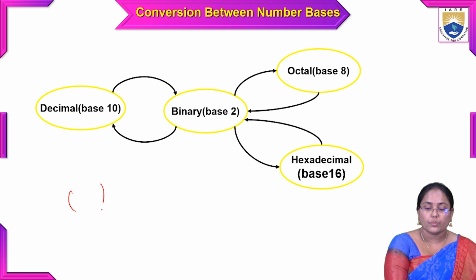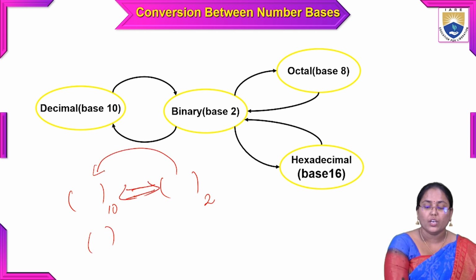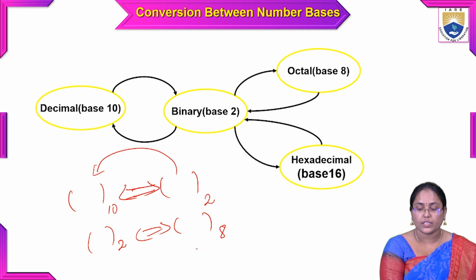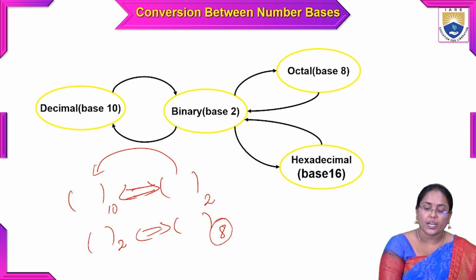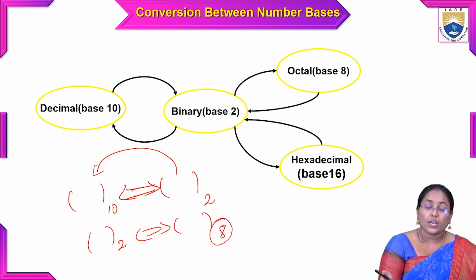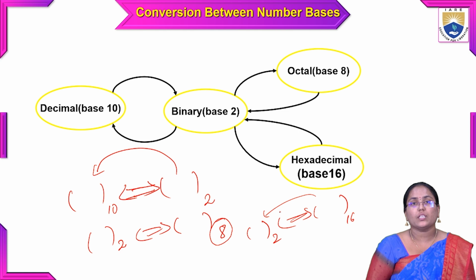That is how the base 10 system can be represented in base 2 and vice versa, and base 2 to base 8. Whenever I say base 8, it is an octal system, and we have to represent it with a suffix, like we put over there. Then again how to change from binary to octal, octal to binary, binary to hexadecimal, and hexadecimal to binary. All these things we'll be discussing in the next class.